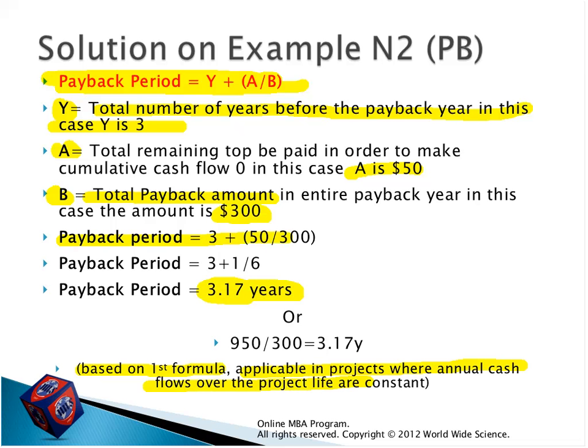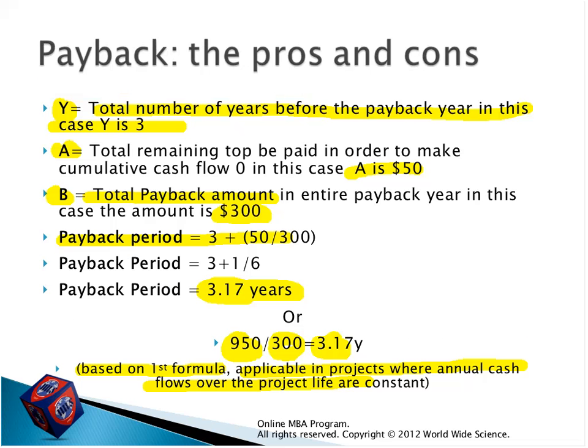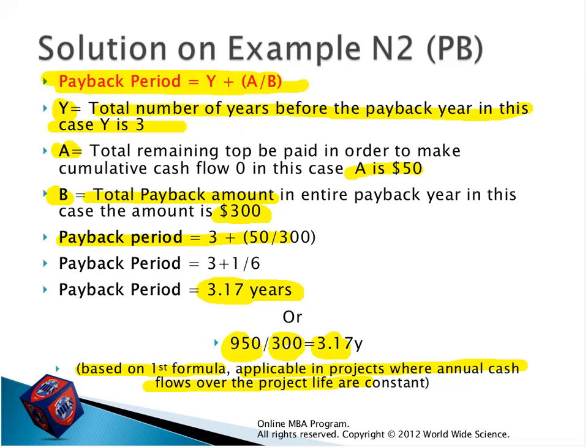Take your investments, 950, and divide by your annual average profits, 300. You will get your payback period of 3.17 years. It's around 3 years and 2 months. That means you will get your money back within 3 years and 2 months. And I think this is all about the payback period in example number 2.